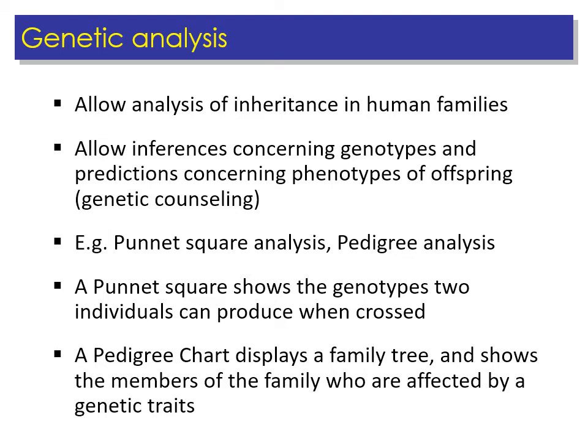This can be done by simple genetic analysis such as Punnett square or pedigree chart analysis. A Punnett square shows the genotypes 2 individuals can produce when they are crossed. A pedigree chart displays a family tree and shows the members of the family who are affected by the disorder. I will explain further in subsequent slides on how to perform the genetic analysis.